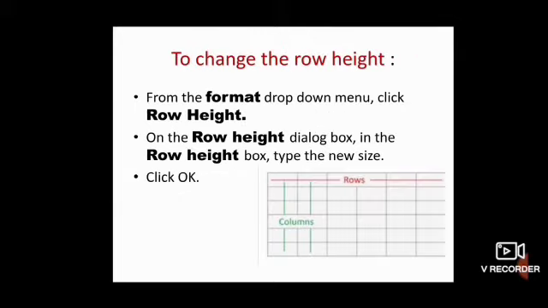Now to change the row height, from the Format drop down menu, click Row Height. Step 2 is on the Row Height dialog box, in the Row Height box, type the new size. You can type any size there, whichever size you want. And then you will have to click OK.